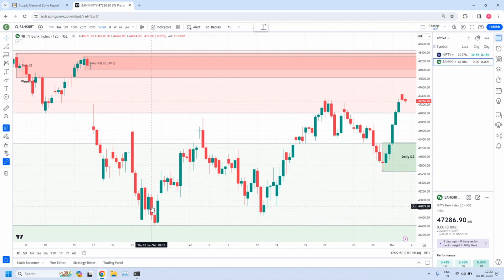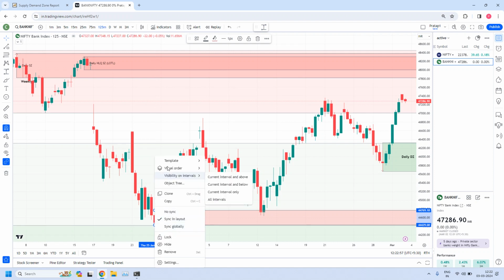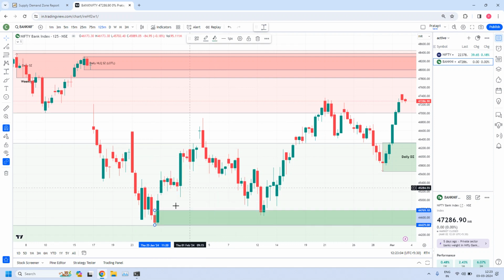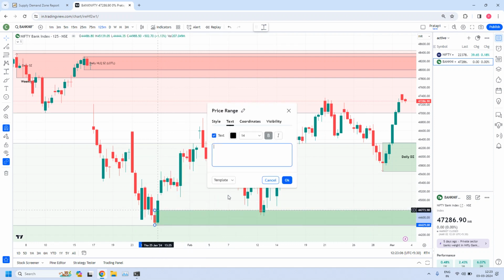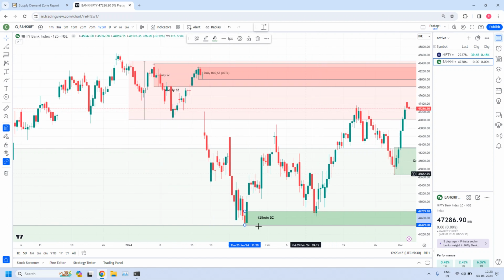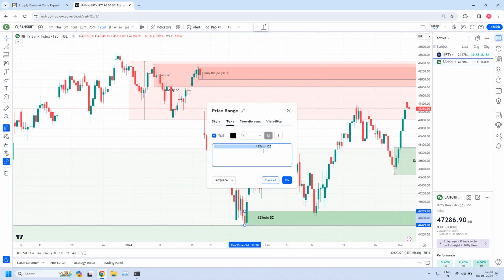This is the one, drop base rally. This is the 125 minutes high liquidity demand zone, HLQ.